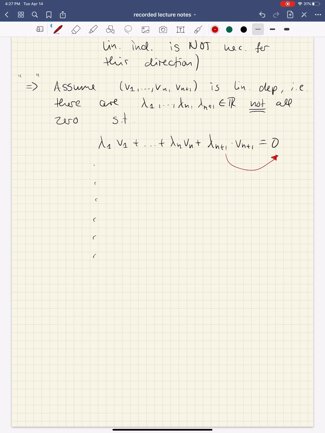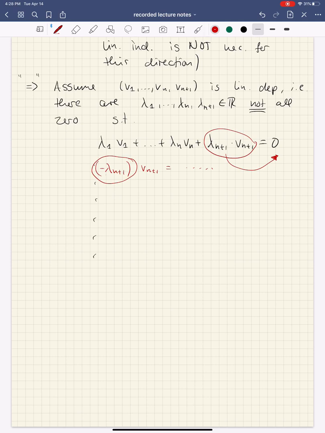So naively, what would I want to do? I put this whole thing to the right-hand side. So I would get minus lambda_{n+1} v_{n+1}, which is equal to the whole right-hand side. And then I want to get a 1 here, because for v_{n+1} to be in the span, I didn't say that a scalar multiple of v_{n+1} is expressible as a linear combination, but that v_{n+1} is a linear combination.